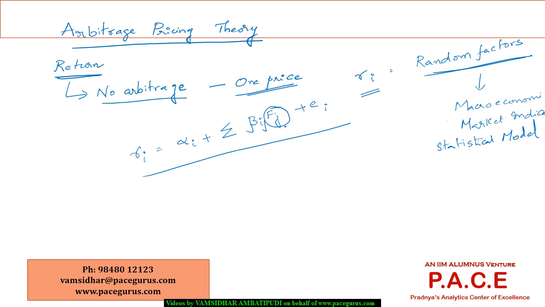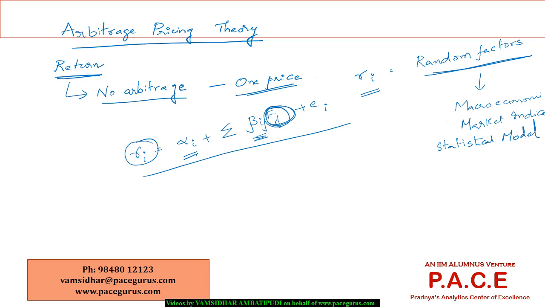I identify these different factors and find out the sensitivity of this particular security to each of them, represented as beta ij, and the security specific returns specified through alpha i. That is what typically comes out as the model for arbitrage pricing theory.